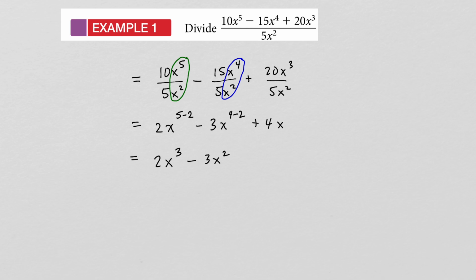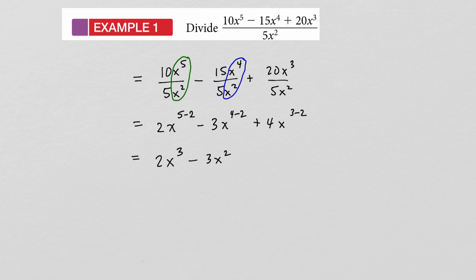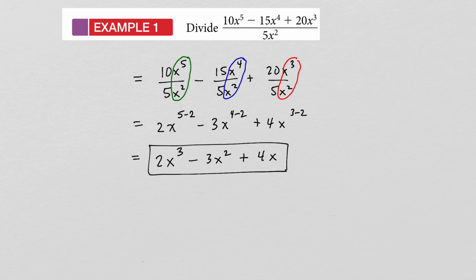And then we have x to the 3 minus 2 for this part here. And this ends up being 4x to the 1, which is 4x. And so dividing by a single term, which is called a monomial, is a rather simple process.